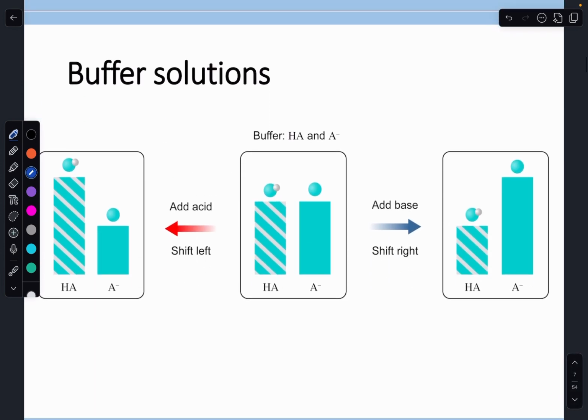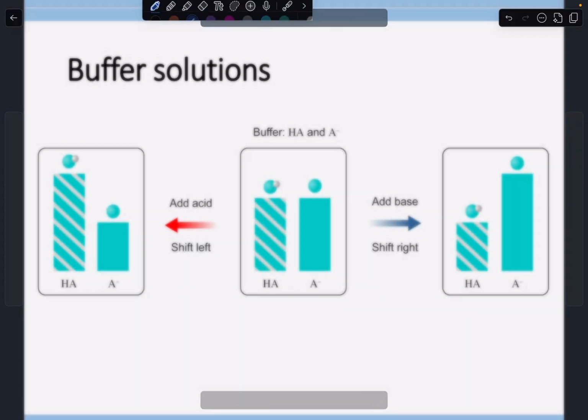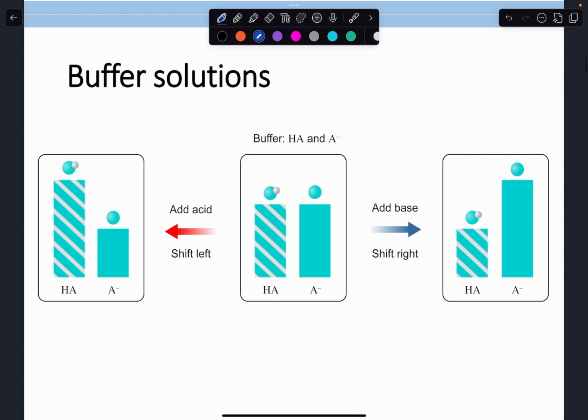Here's a diagram showing a buffer solution and then what happens when you add an acid or base. So a buffer solution has both acid and conjugate base. Here's the acid, represented just as HA. This is the acid's conjugate base.